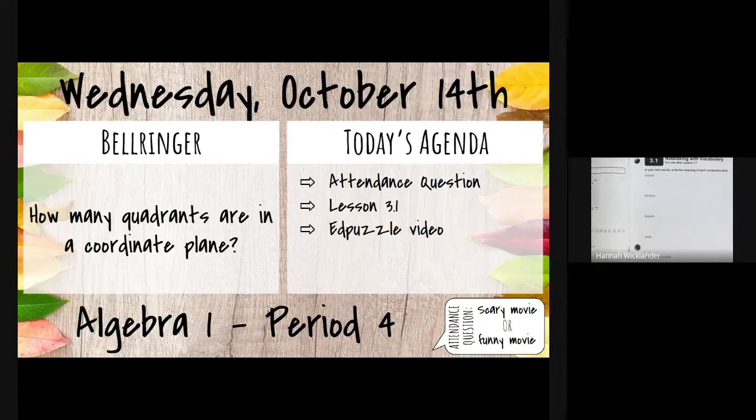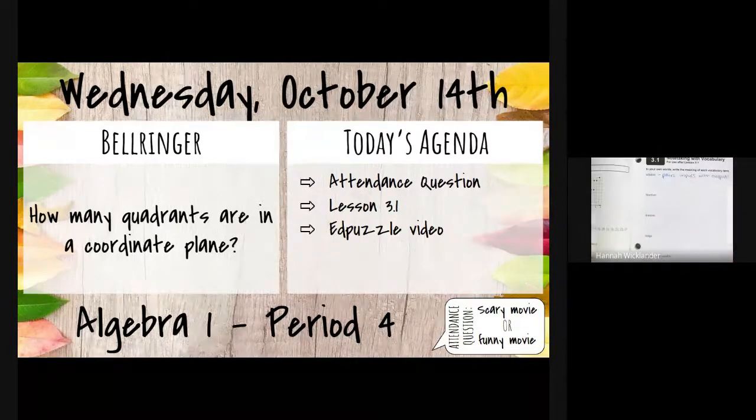Okay, our first word is relation. Sorry, I was looking for a pen. The book definition of relation is that it pairs inputs with outputs.